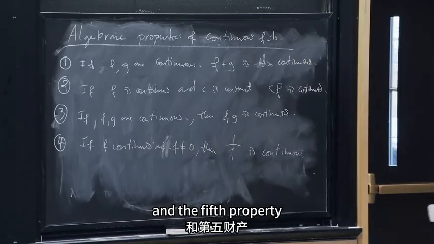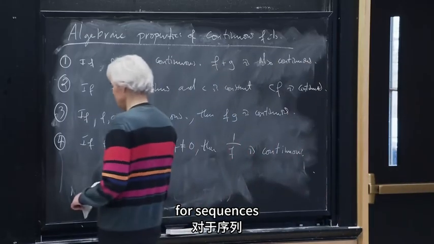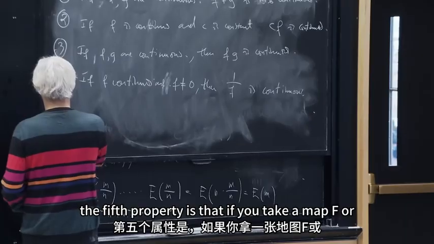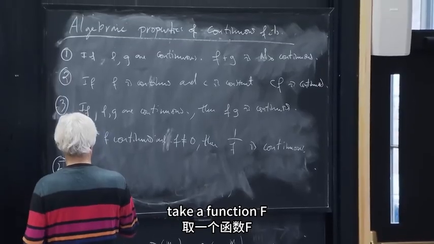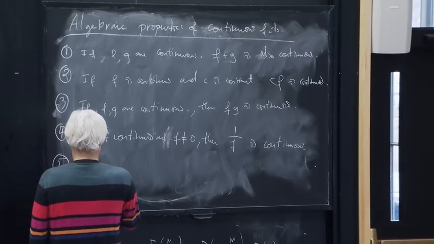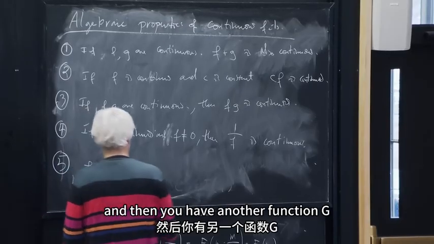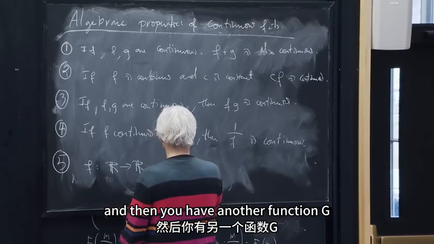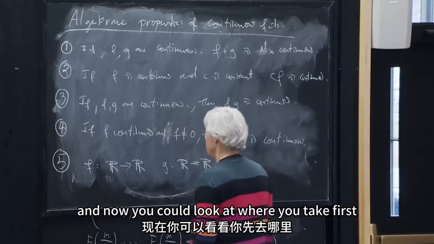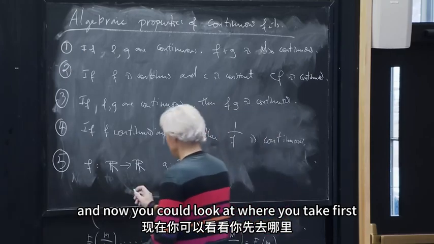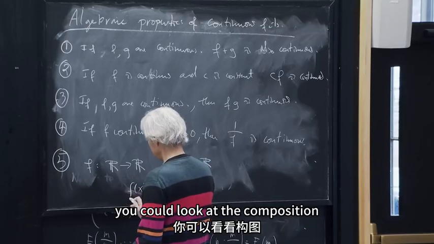And the fifth property is a little bit different, and we didn't have that for sequences. The fifth property is that if you take a function f, think about it as a function from R to R, and then you have another function g from R to R. And now you could look at the composition.